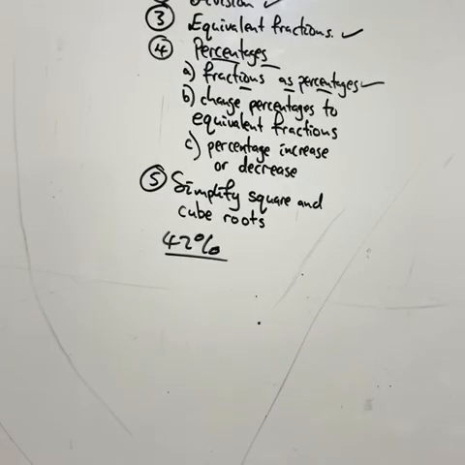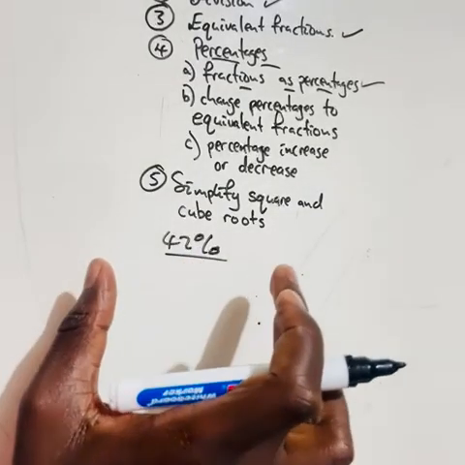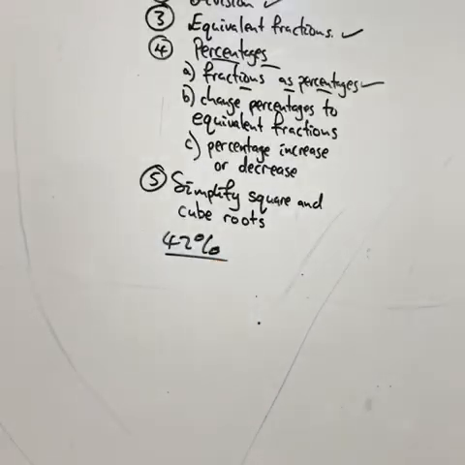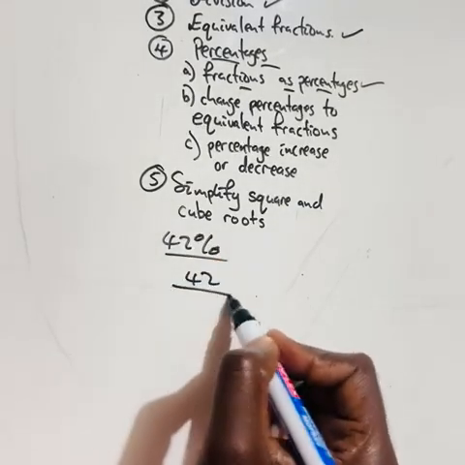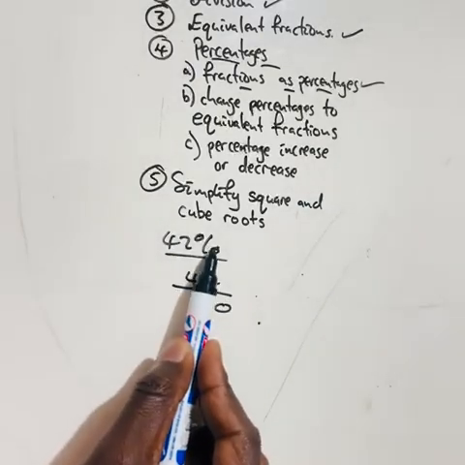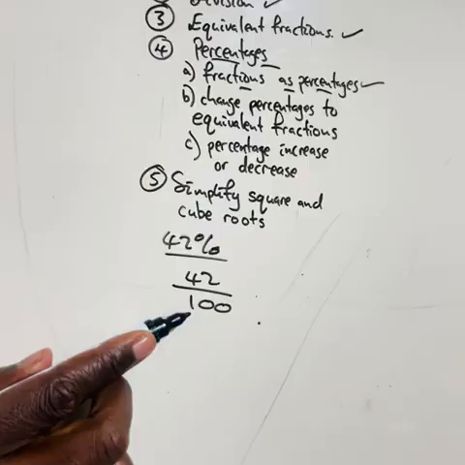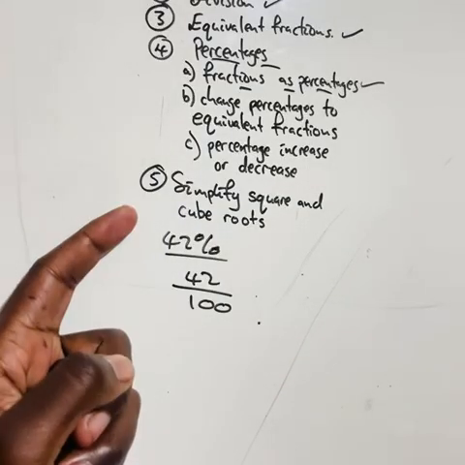So remember what happens. When you have got 42%, we said that it means this has been divided by 100. So in other words, we're having 42 over 100. When you see 42% as a fraction, this is 42 over 100. So we know that 42 over 100 is 42%.